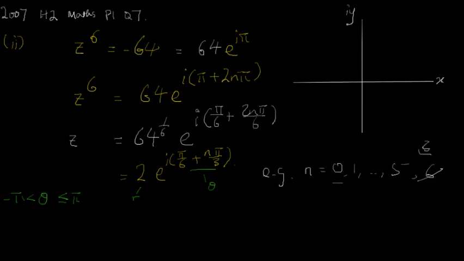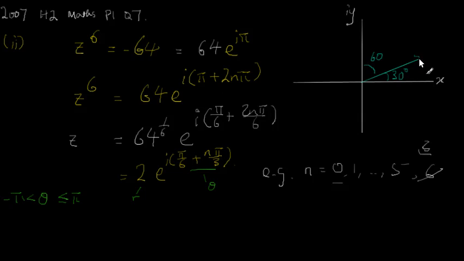Now I want to sketch these angles, all these possible angles. So starting from pi over 6, that would be 30 degrees. If, like me, you're more familiar with angles in degrees, then just think in terms of degrees. So that would be pi over 6, which is 30 degrees, 30 degree angle here, and I have to add a whole number of pi over 3, and pi over 3 is 60 degrees. So if I add 60 degrees to 30 degrees, I get 90 degrees.